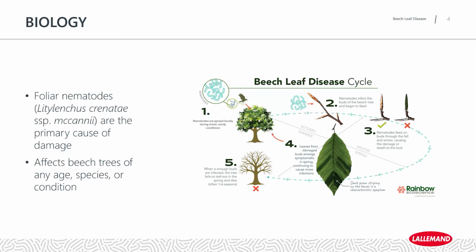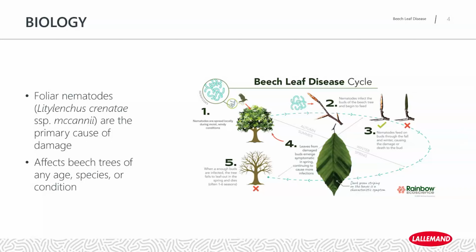But in any case, no matter how it spreads, if we look at the diagram here, we can see that once the nematode arrives on a beech, they then infect the buds in the autumn season and begin their feeding. And that feeding continues throughout the fall and winter, which causes damage. And then when those leaves from the damaged buds emerge in the spring, they're emerging symptomatic.